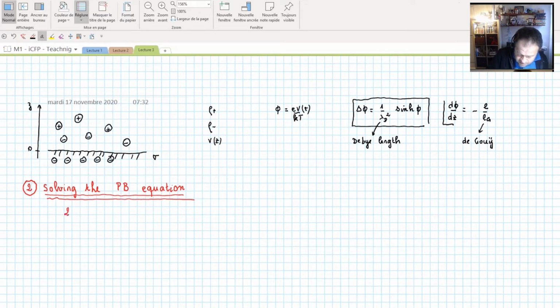The first situation with which we'll try to simplify this equation is to work where the dimensionless potential is smaller than 1, which means that we will solve the linearized Poisson-Boltzmann equation. This is called the Debye-Huckel approximation.